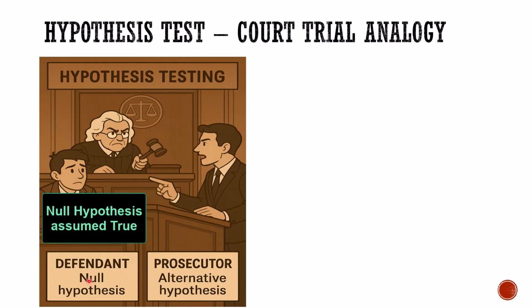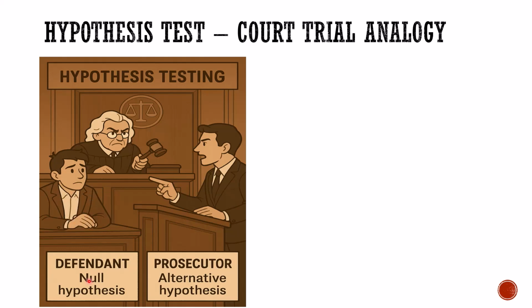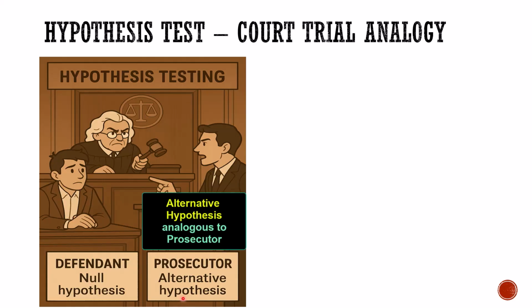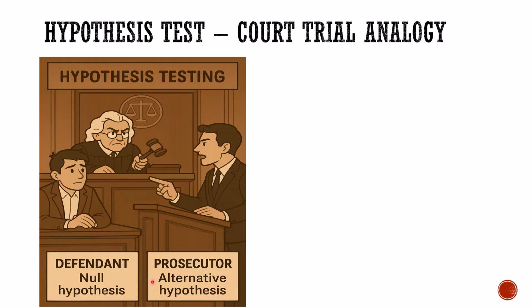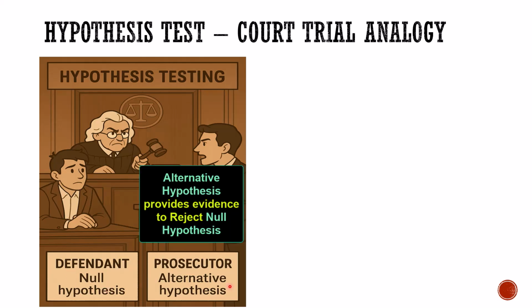The null hypothesis is also assumed to be true at the beginning of the process. And then the onus is on what's called an alternative hypothesis to bring strong evidence against the null hypothesis to declare it as incorrect and to reject the null hypothesis in favor of the alternative hypothesis.